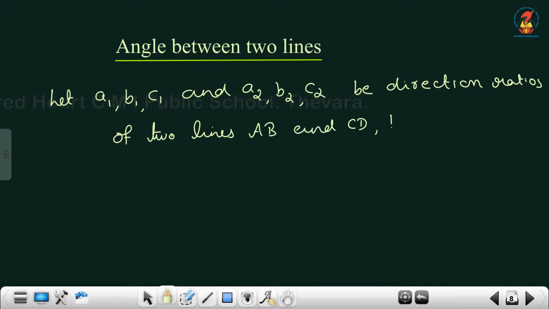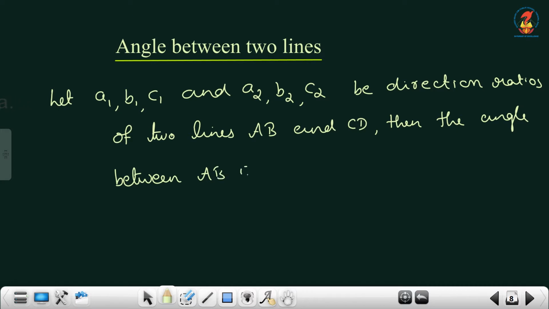Then the angle between them, the angle between AB and CD, is cos theta.